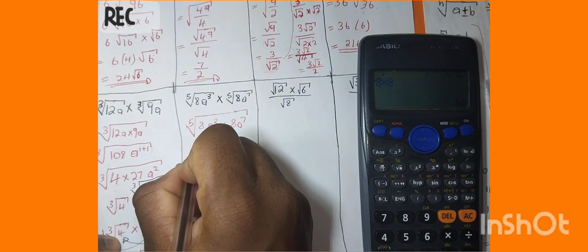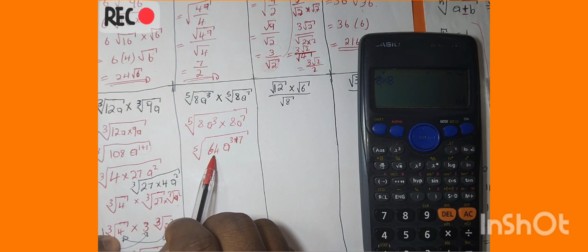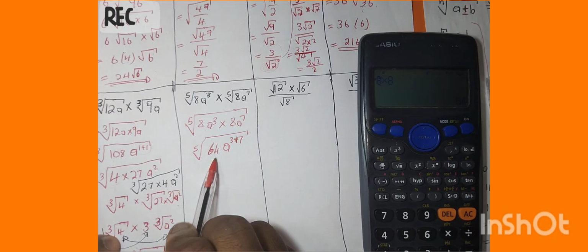I get 64, which is 5 squared. Do you see? But now, guys, you should be smart here. Let's try to change this thing into its exponential form.